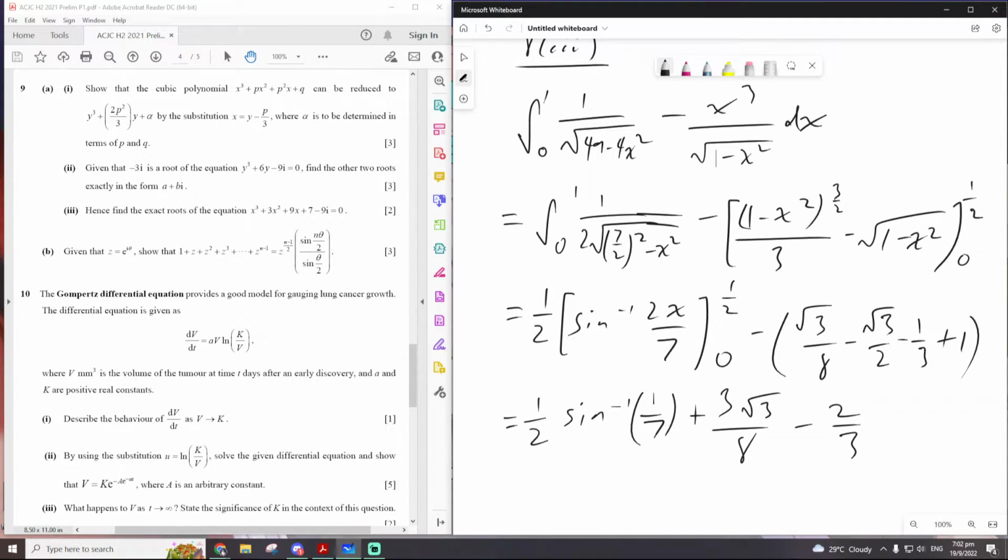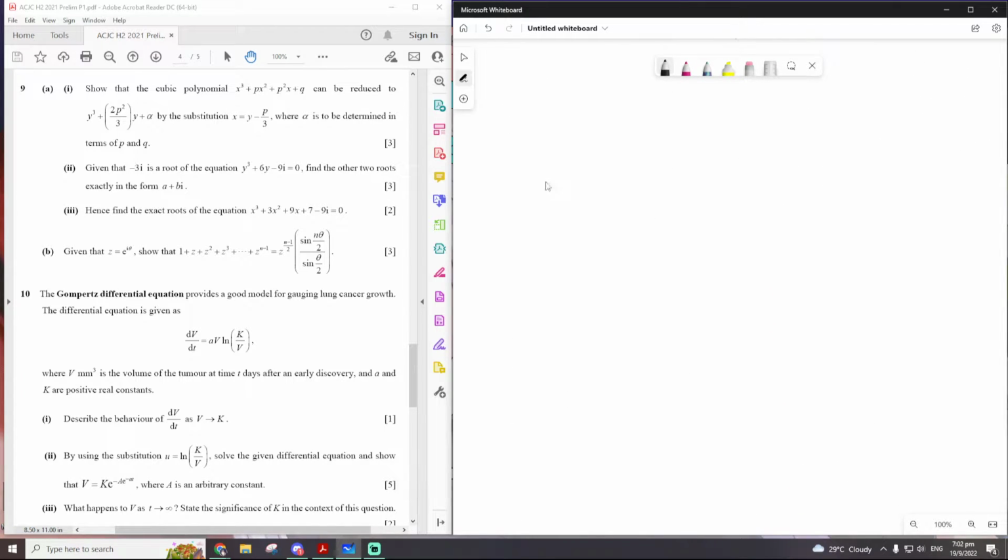Question 9 is complex numbers. Show that this cubic polynomial can be reduced to this by the substitution x equals y minus p over 3. So we have x cubed plus px squared plus p squared x plus q.